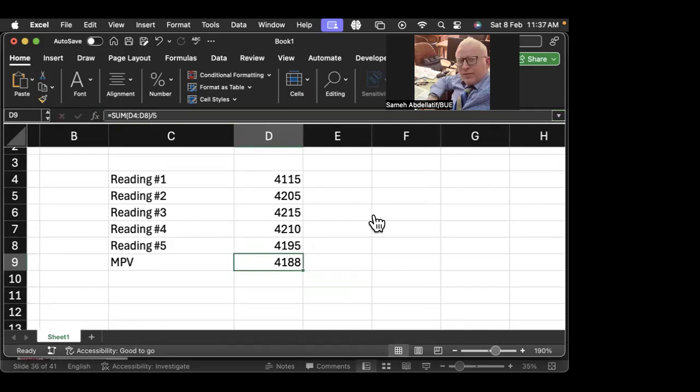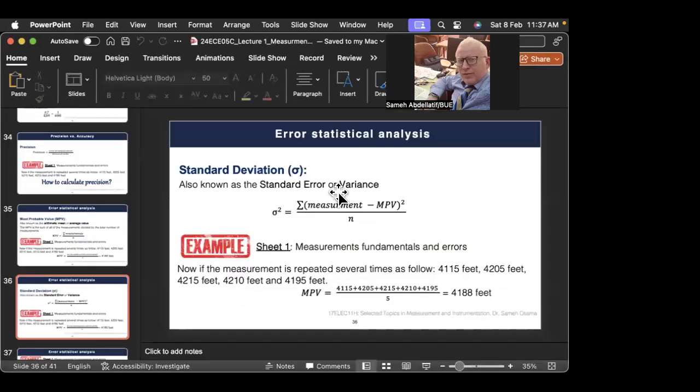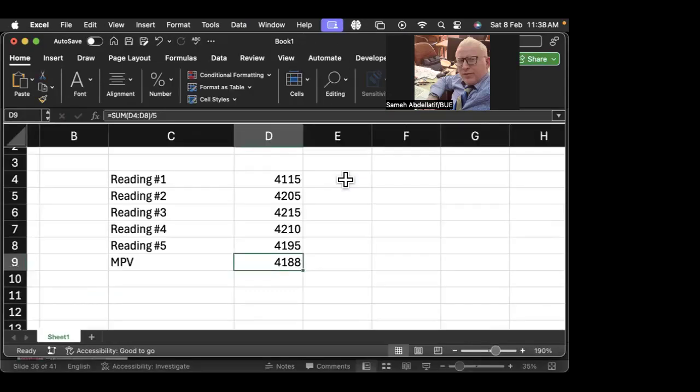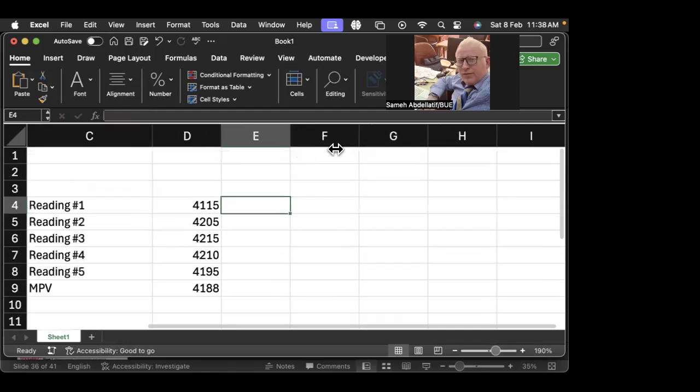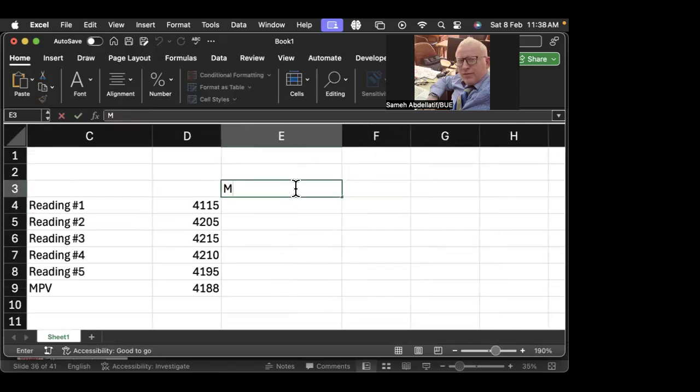Now I need to apply the equation of the variance. So simply, in each iteration, first I subtract the measurement from the MPV. So as you can see here, this column will be measurement minus MPV.